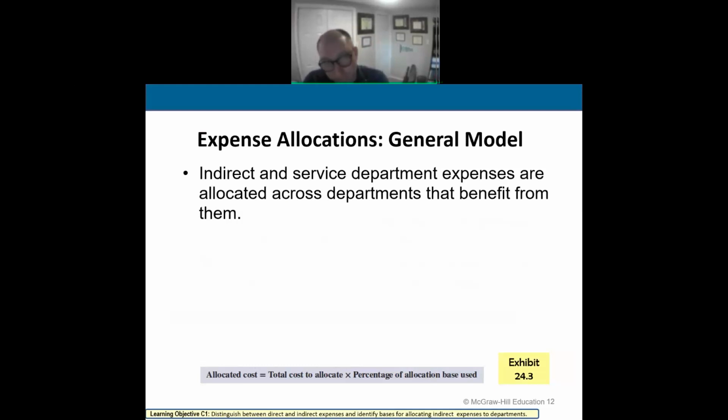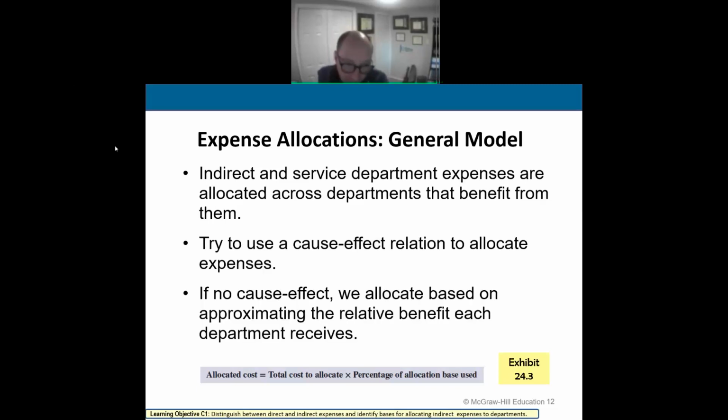Typically, we allocate expenses based on the indirect method, the indirect process. Indirect and service department expenses are allocated across departments that benefit from them. The formula is very straightforward.